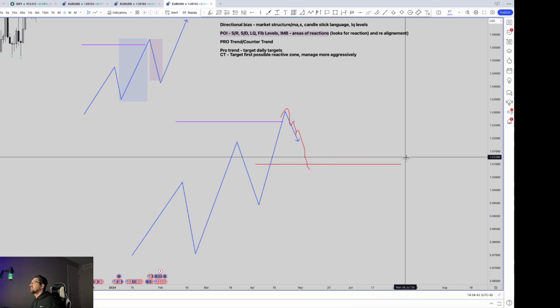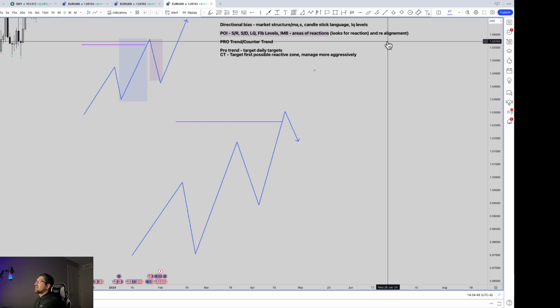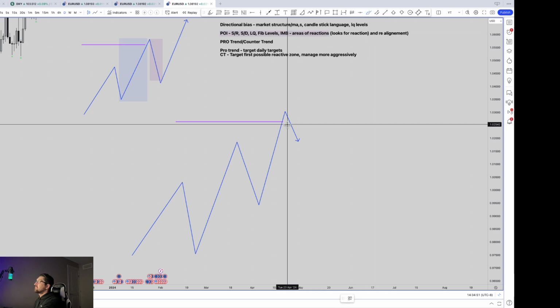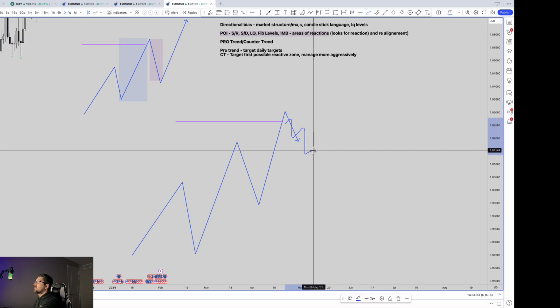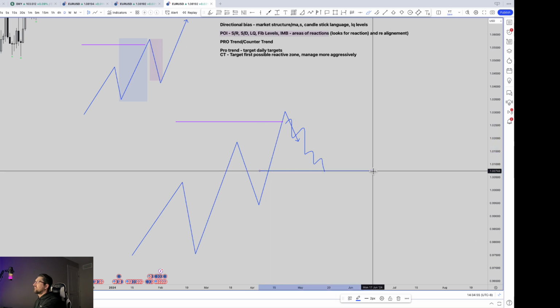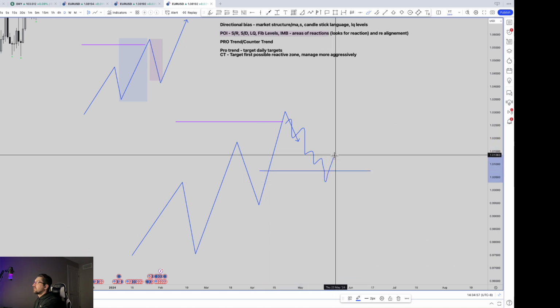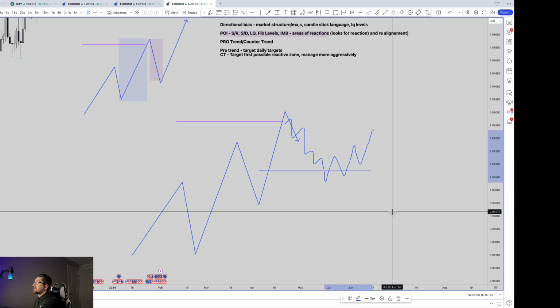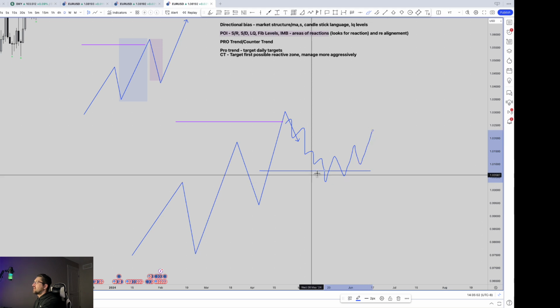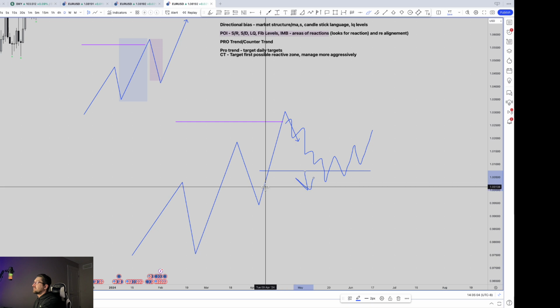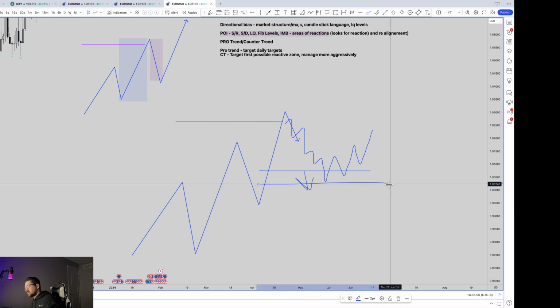That's keeping it simple and generic. These are my ways of realigning, whatever your realignment needs to look like. So this direction will continue until you hit a level and your realignment rules are met. If these rules are not met, you would just keep selling to your next point of interest.